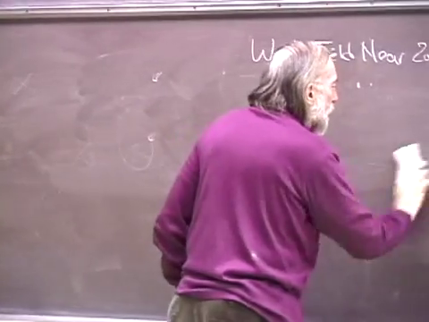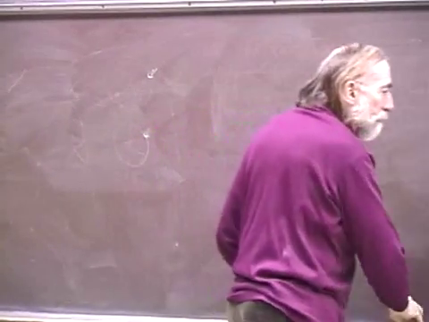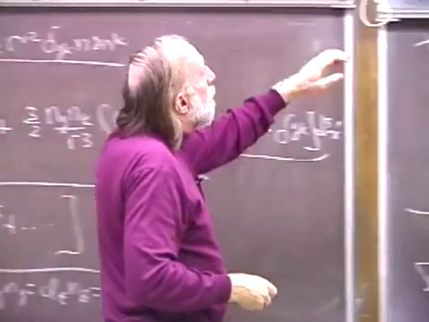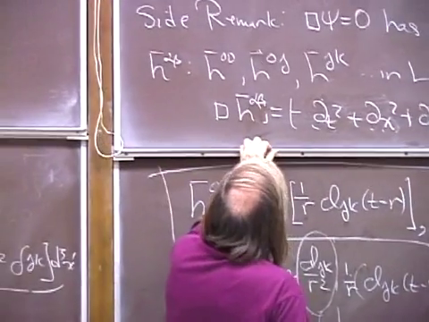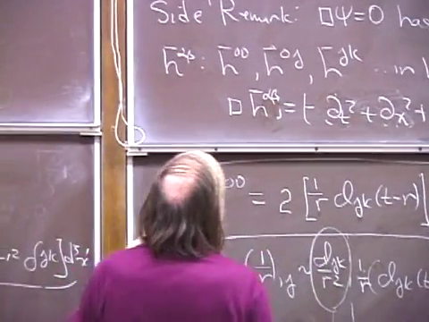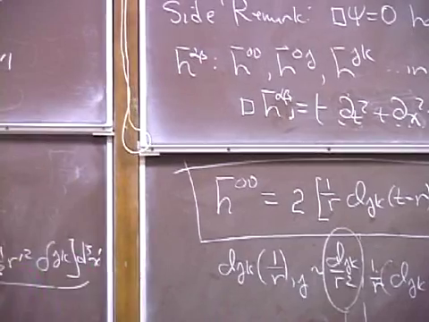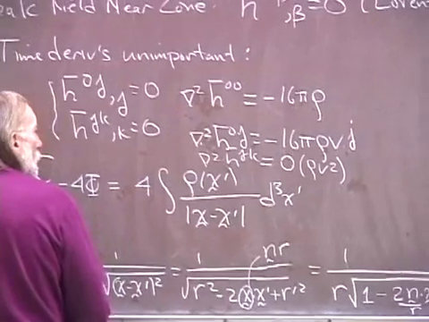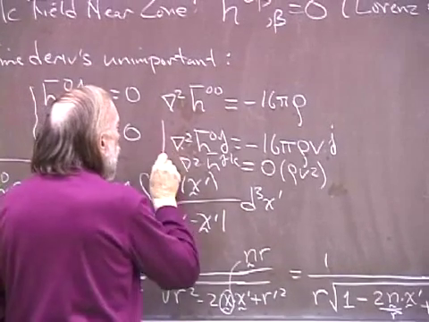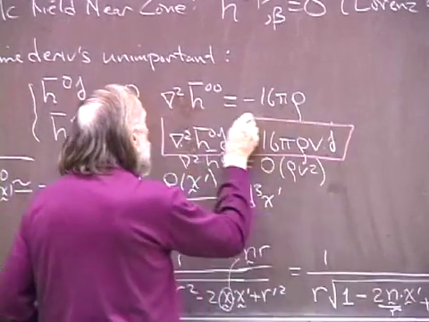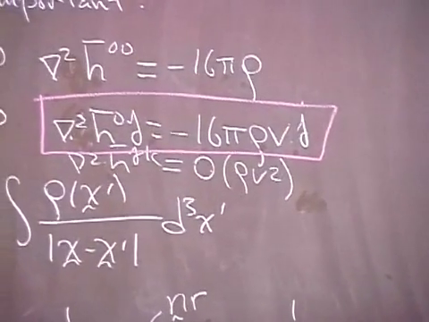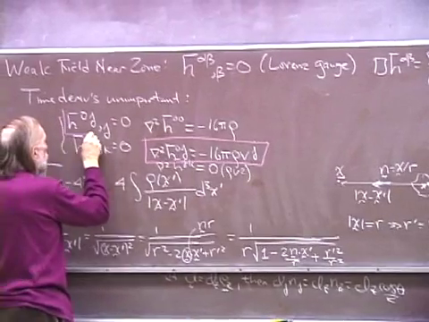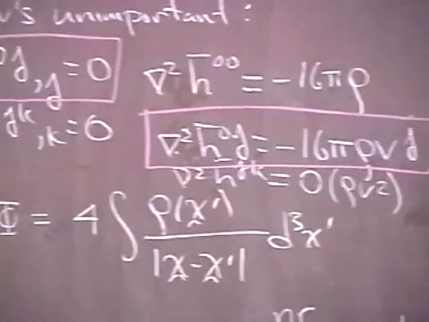So if you go through the same analysis as I have been going through, but work now on the h bar 0j piece of the metric, we want to work with the equation that says that del squared h bar 0j is momentum density. And we want to make sure that the solution we get has vanishing divergence.